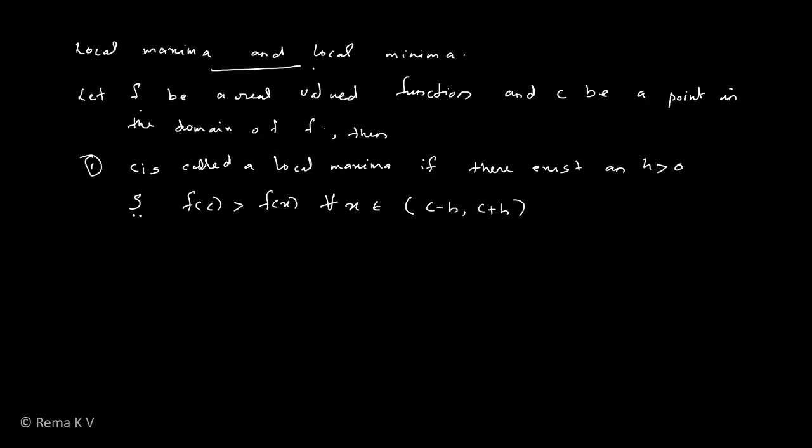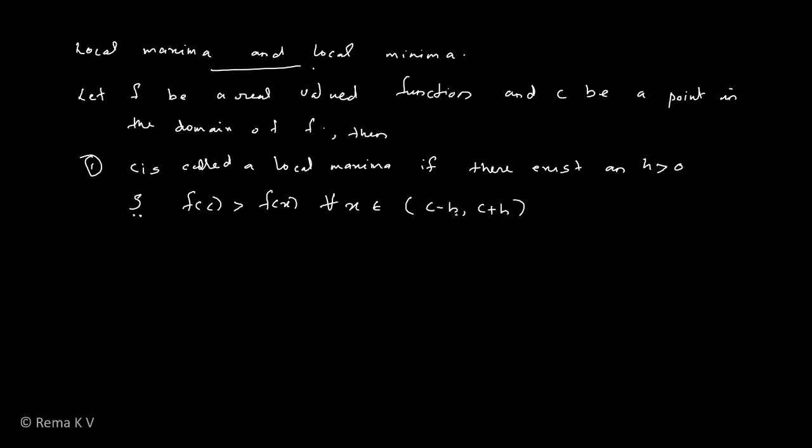Okay, see the definition. Let f be a real valued function and c be a point in the domain of f. Then c is called a local maxima. See the term local maxima, if there exists an h greater than 0 such that f of c is greater than f of x for all x belongs to c minus h, c plus h. In the first definition, we are considering the whole interval I. But here in this one, we are considering a very close interval to this c. h is greater than 0, h is a positive number.